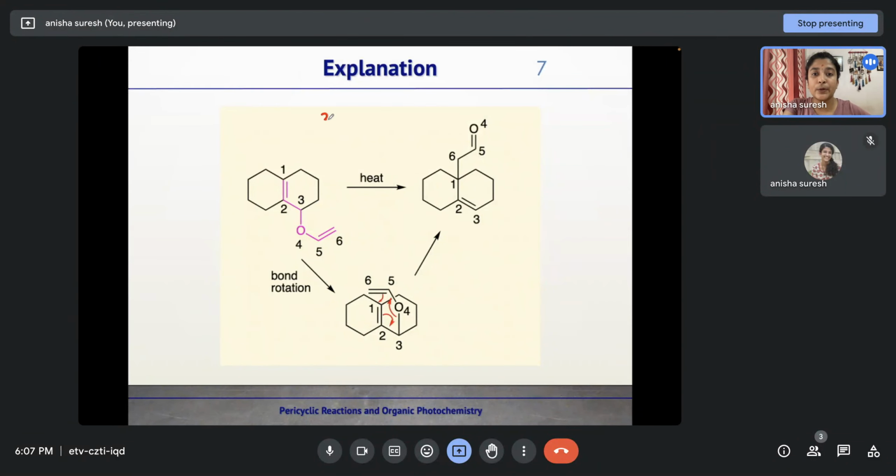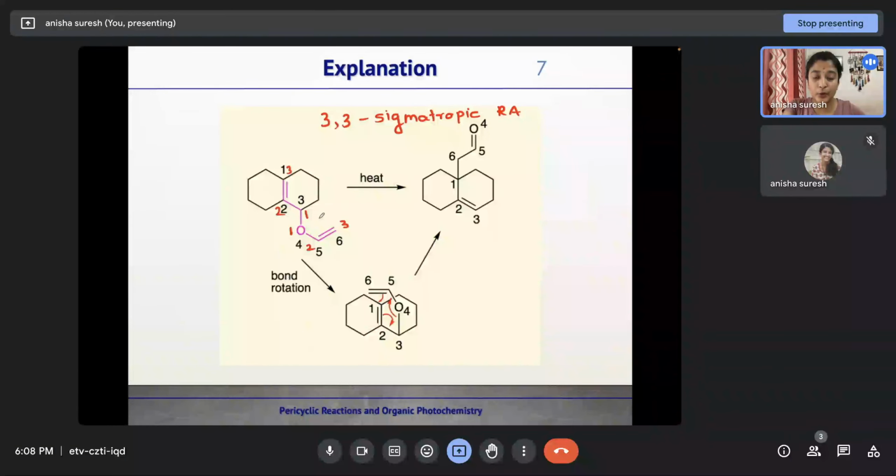So here also a 3,3 sigmatropic rearrangement is taking place. We can number it like 3, 2, 1, 3, 2, 1.